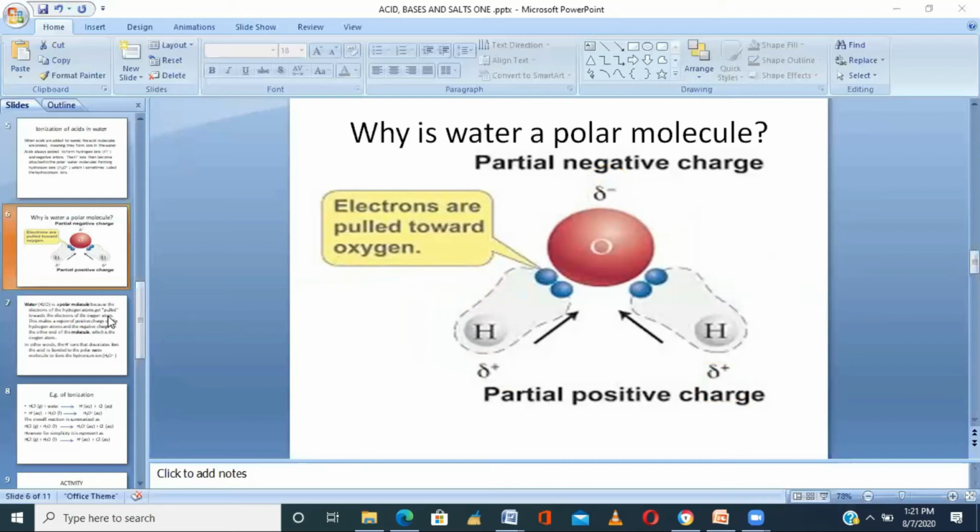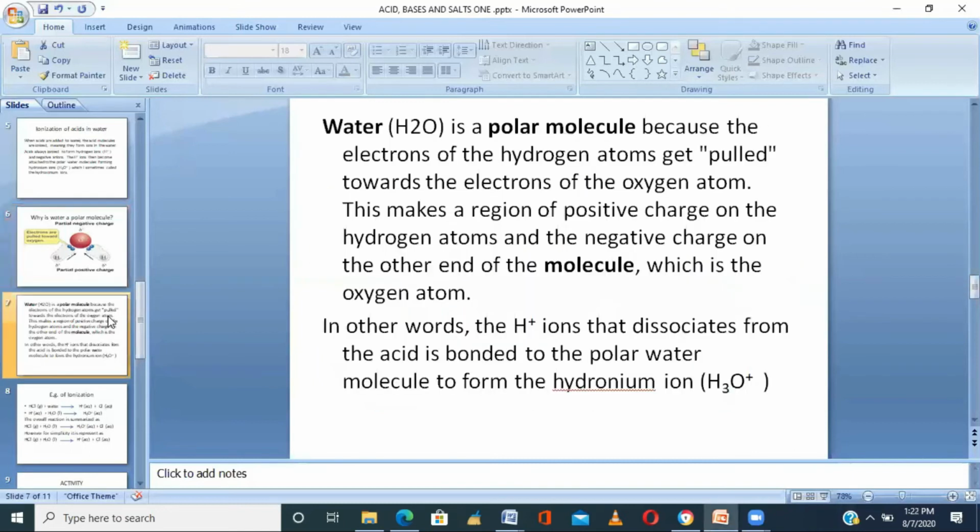Water is a polar molecule because the electrons of the hydrogen atom get pulled towards the oxygen atom. This makes a region of positive charge on the hydrogen atom and a negative charge on the other end of the molecule, which is the oxygen atom, which I just explained just now, right?